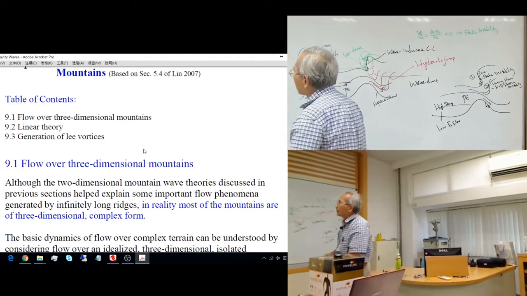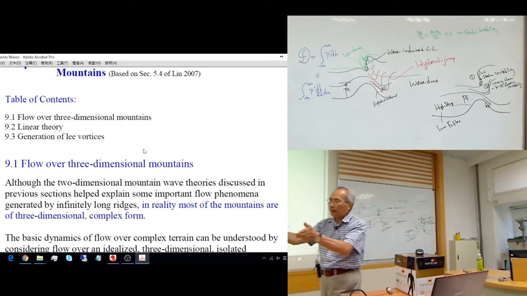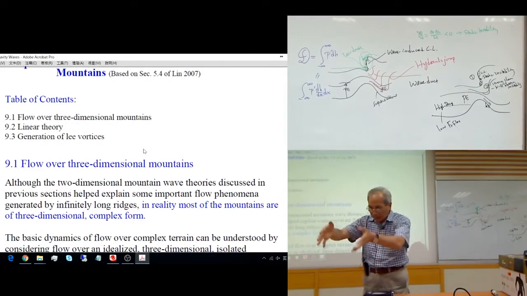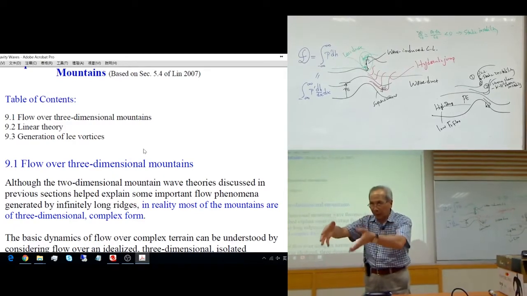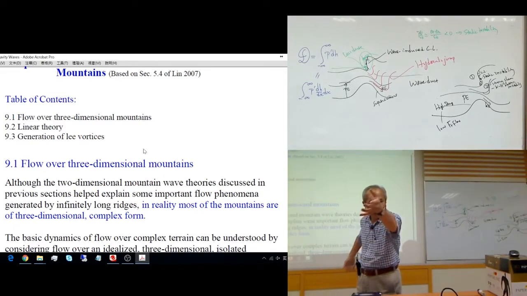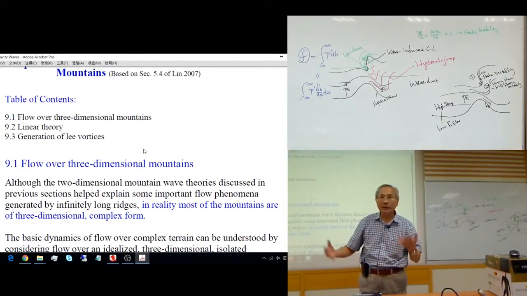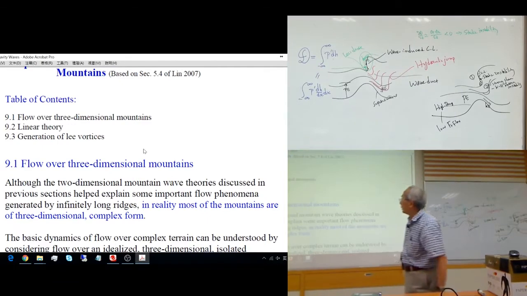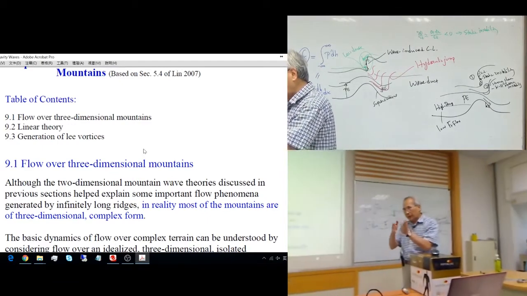In the last chapters, we studied two-dimensional flow. We also assumed the mountain is two-dimensional, that means a mountain ridge extending to infinity. But in reality, you cannot see that kind of mountain, although sometimes it's close to it.